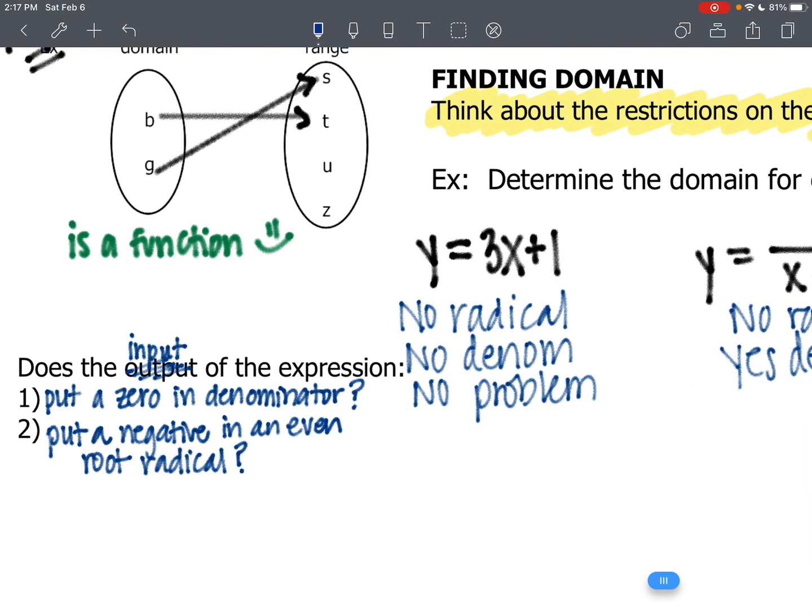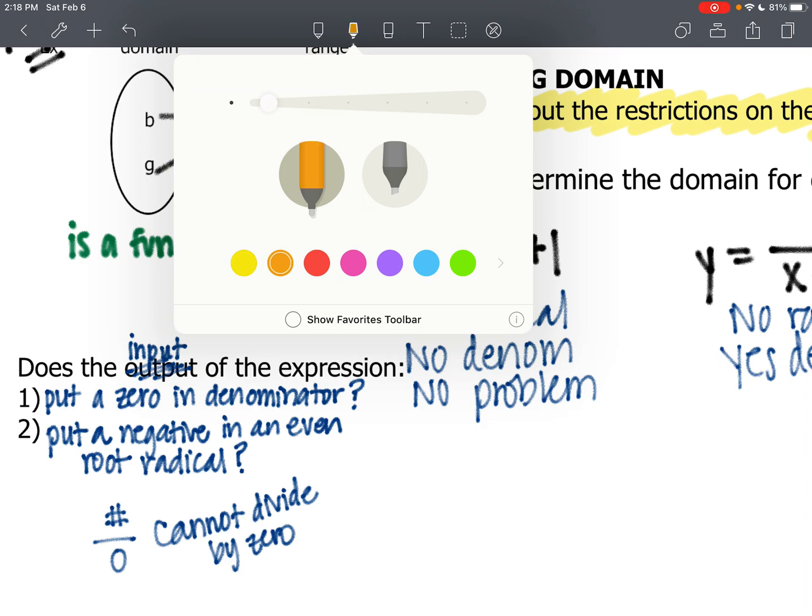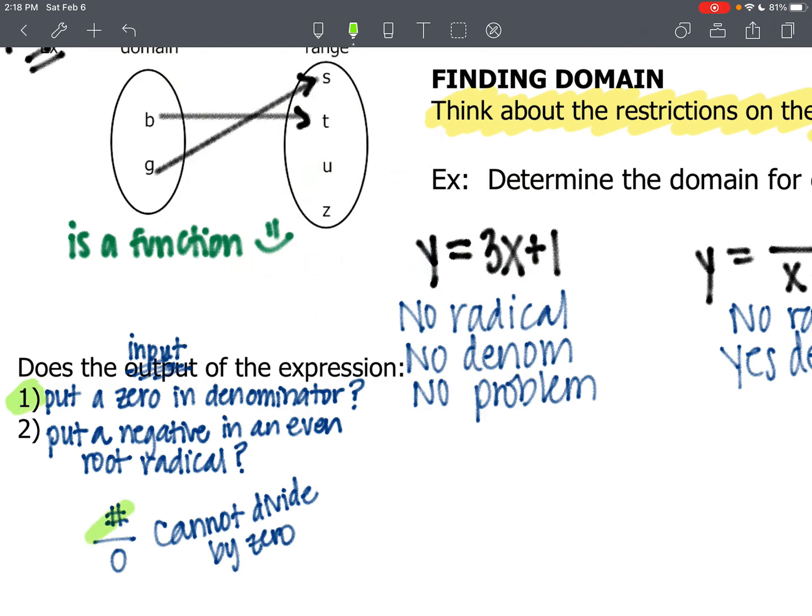So those are the two things that we need to look out for. We know that we can't have a number divided by 0. So we cannot divide by 0. That's undefined. We're going to highlight that. Can't divide by 0. That's number 1.